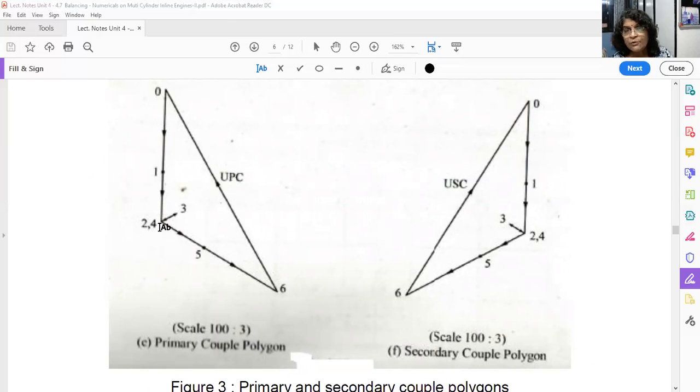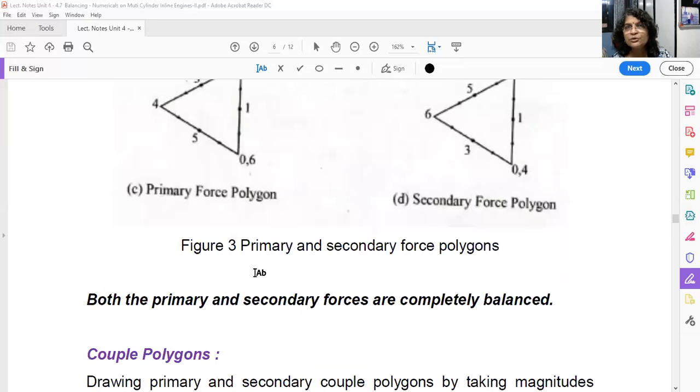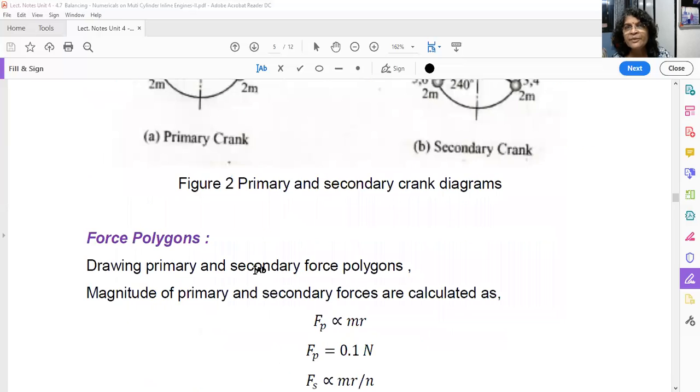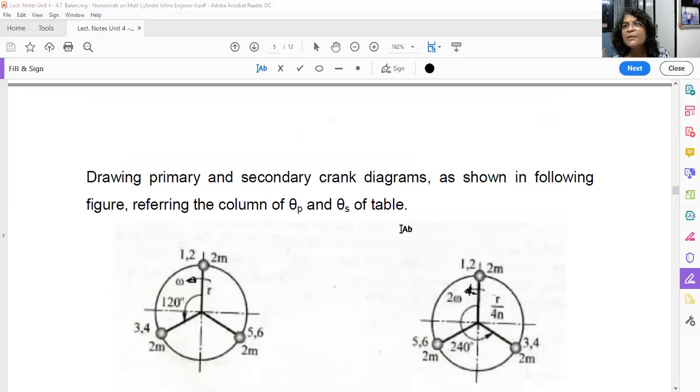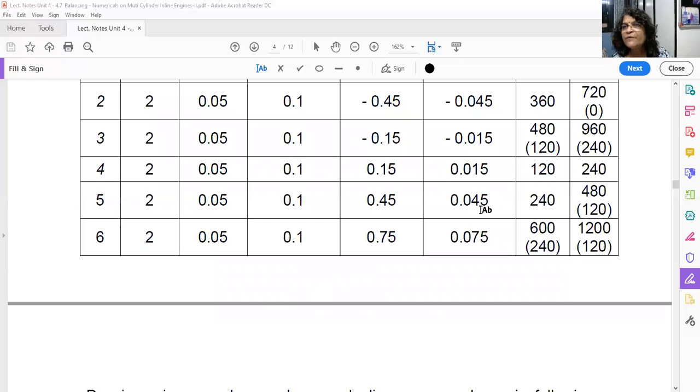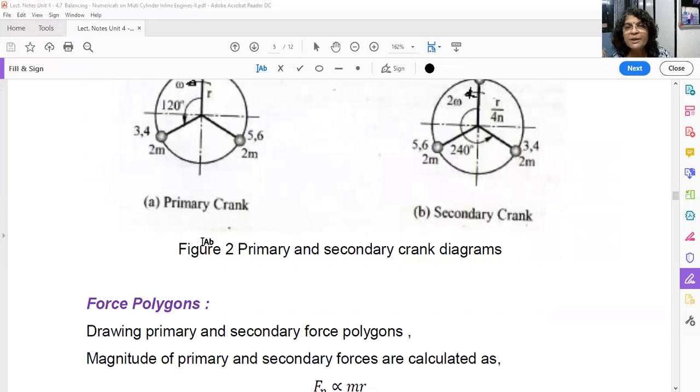Now you have drawn 4 to 5, 5 to 6. Both are positive, according to the magnitudes 0.045 and 0.075. So this is your crank diagram.